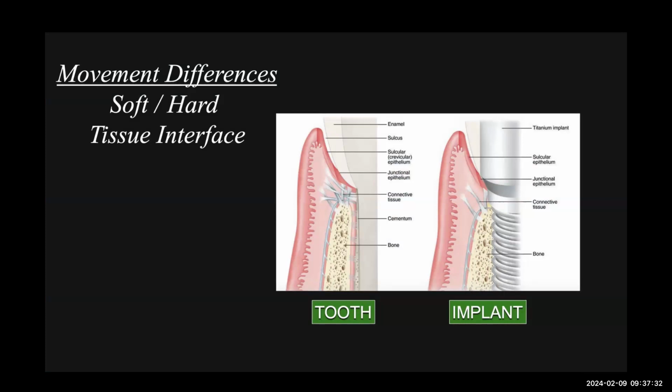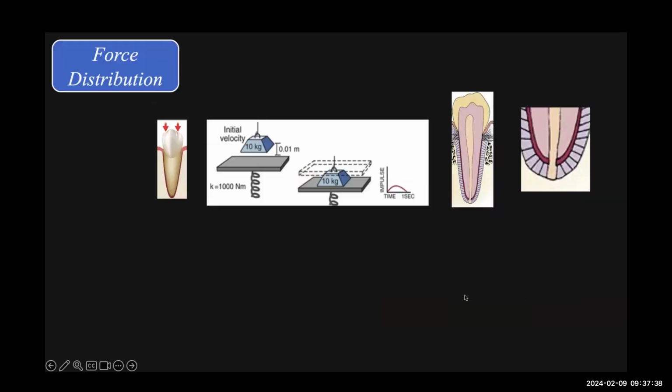We know that a tooth has a periodontal ligament, an implant does not. So what does that mean? Well, we know that if we put a force on a tooth, this periodontal ligament that surrounds the tooth, which is approximately 0.2 millimeters on average, is going to compress. And we know that that will act as a shock absorber.